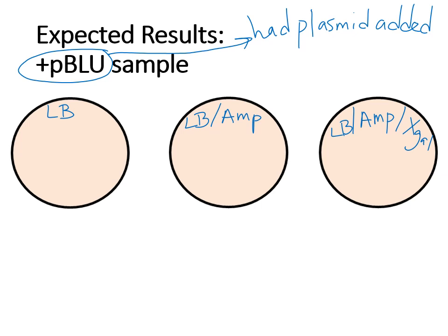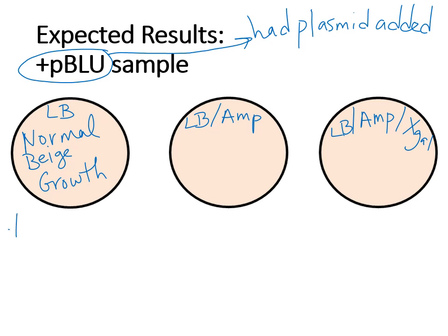Okay, so the LB plate is an important control plate, and you always hope or expect there to be normal growth. And again, normal growth is beige growth. Okay, and I'm not going to write underneath it why. You should already have notes that is nutrient-rich media. It does not have anything bad in it, so everything should grow.